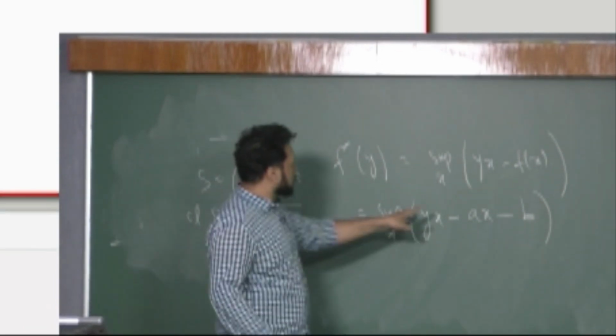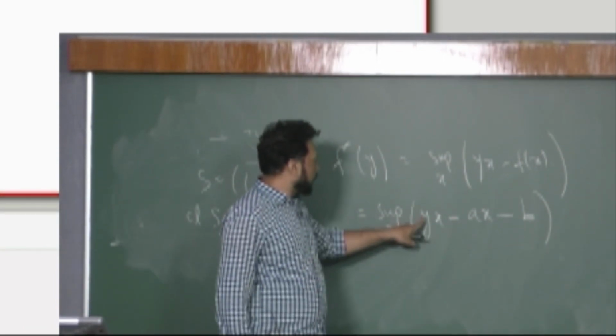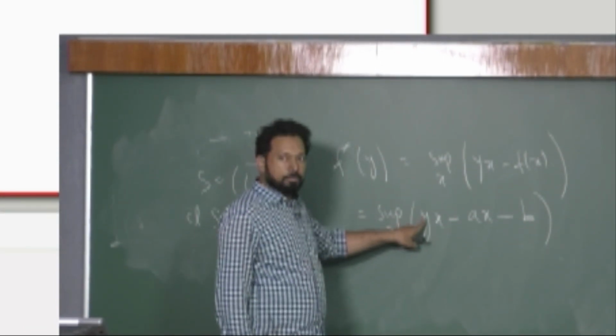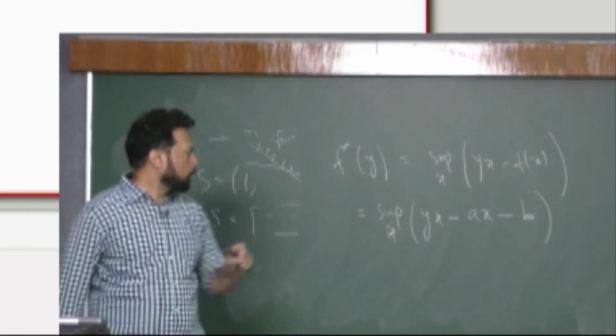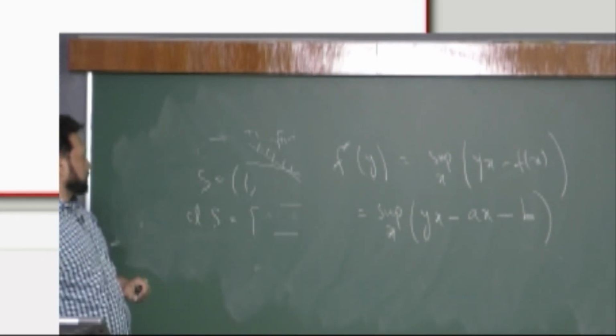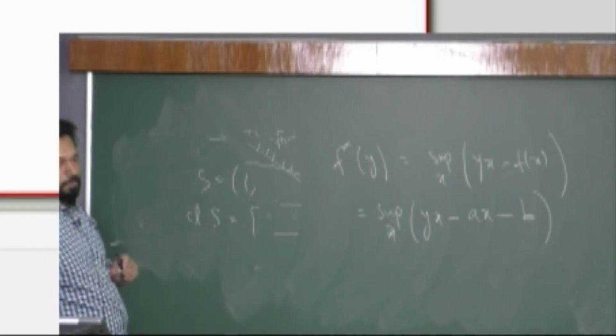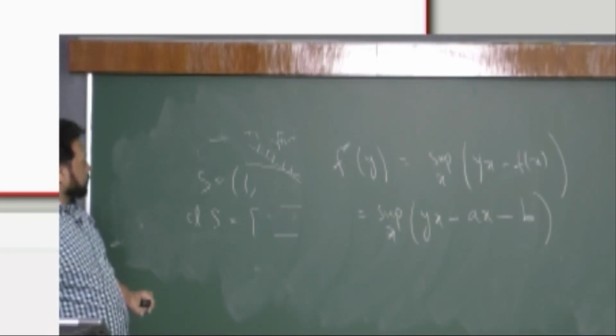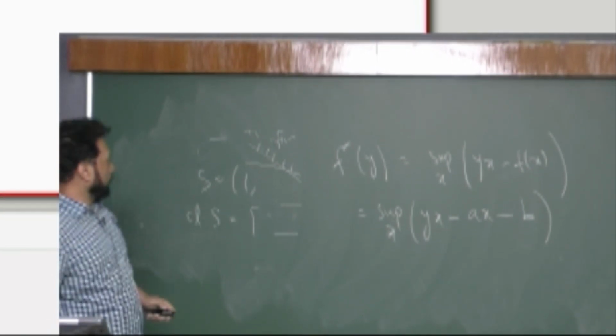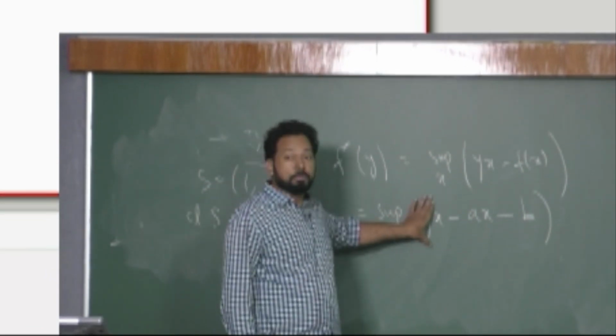For a fixed y, when does this necessarily blow up for some values of x? Does this necessarily go to infinity for a fixed y? Can I make it go to infinity?